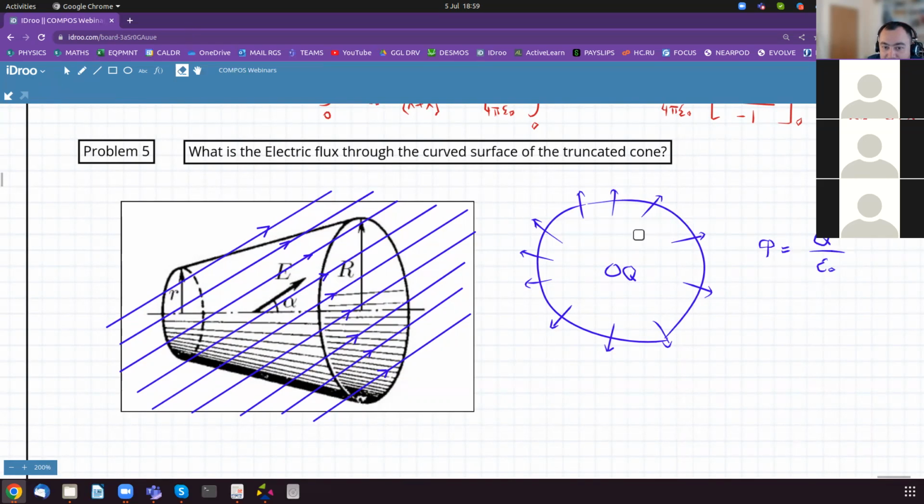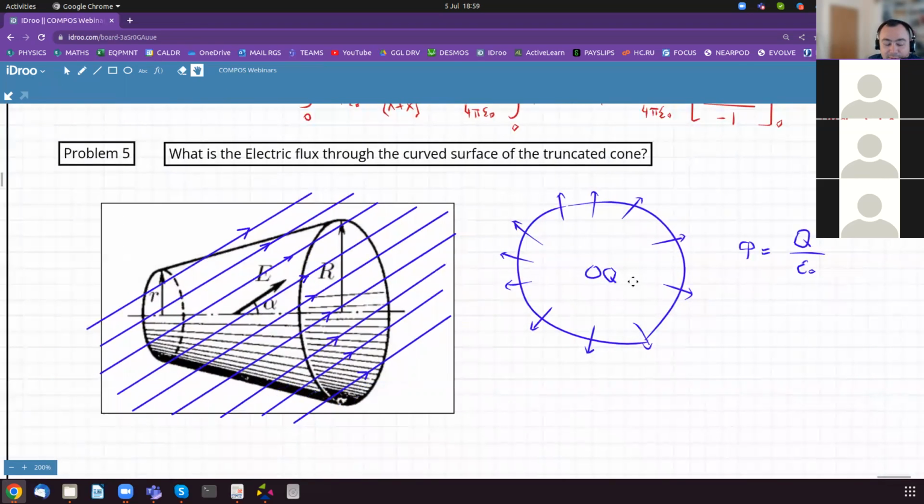So basically the electric flux is proportional to the charge inside that surface. In this case, there's no charge inside that surface. There's no charge inside. All the field is outside.